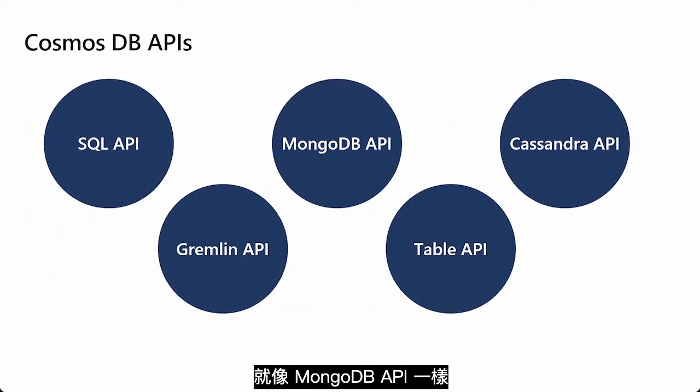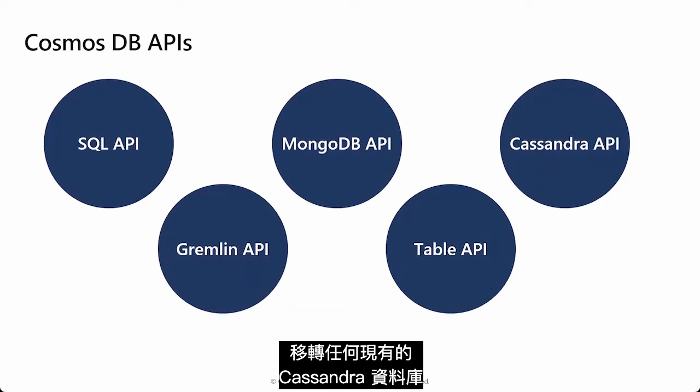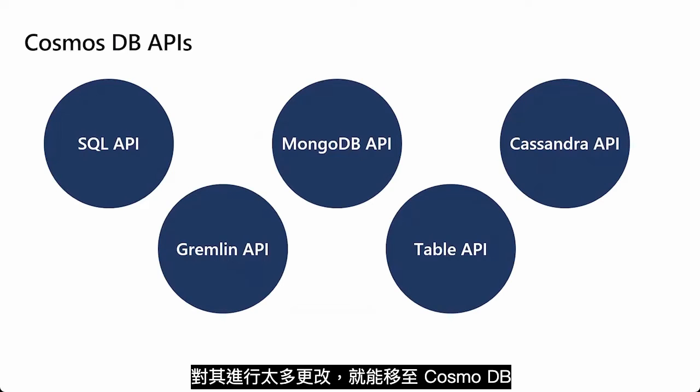Just like the MongoDB API, the primary purpose of the Cassandra API is really to enable you to quickly migrate any of your existing Cassandra databases and applications to Cosmos DB without having to make many changes.